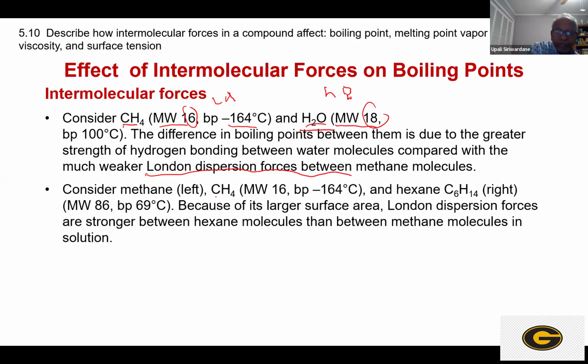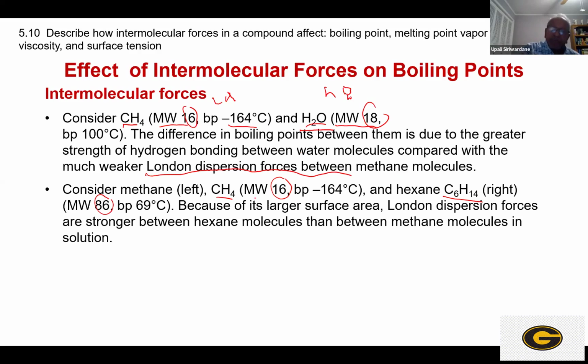When you consider these two molecules, this one has a much higher molecular weight. Both are non-polar.